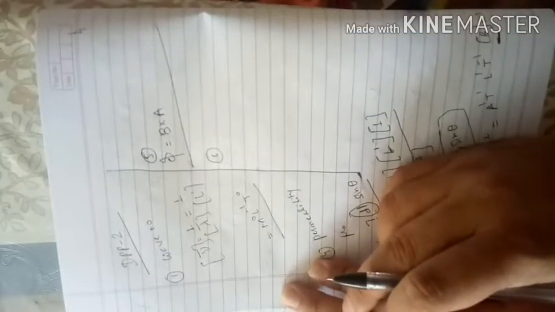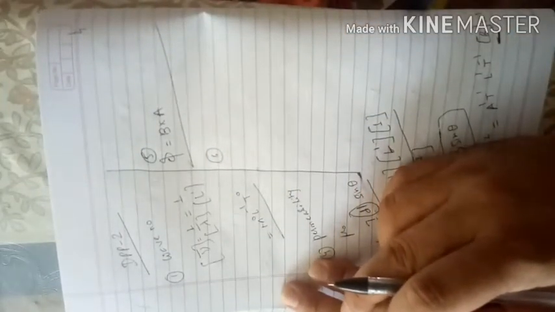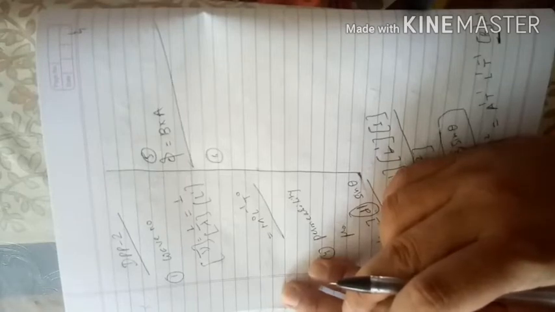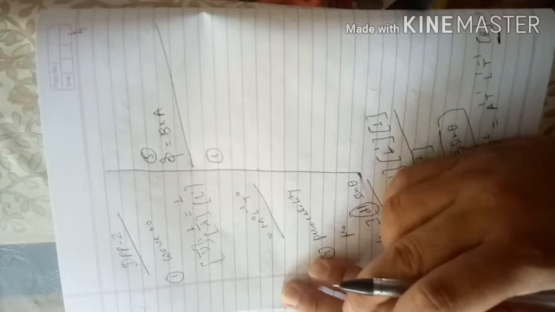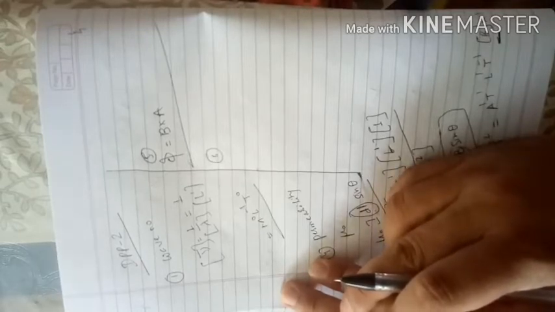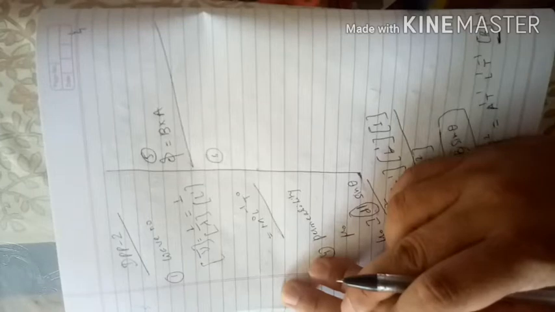Similarly in the next question it is given that if P represents radiation pressure, C represents the speed of light, and Q represents radiation energy striking a unit area per second, then non-zero integers x, y, z are such that P raised to x, Q raised to y, and C raised to z is dimensionless, okay.